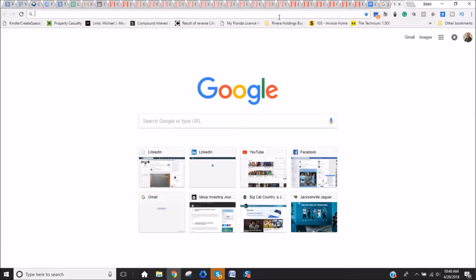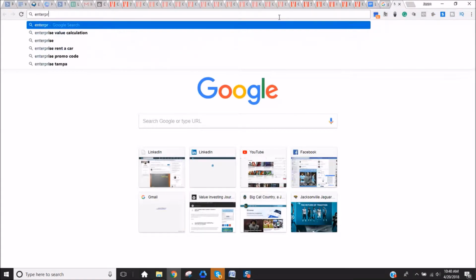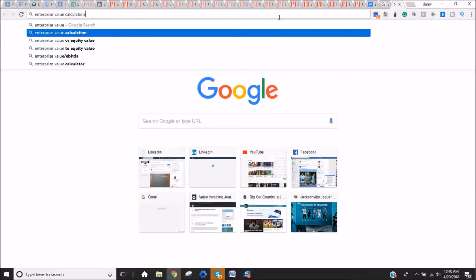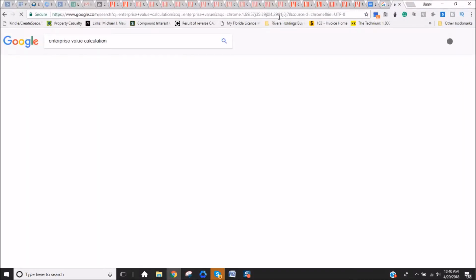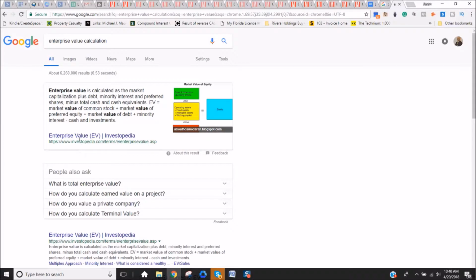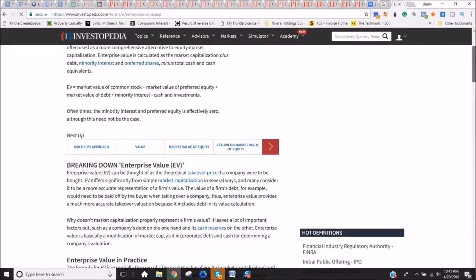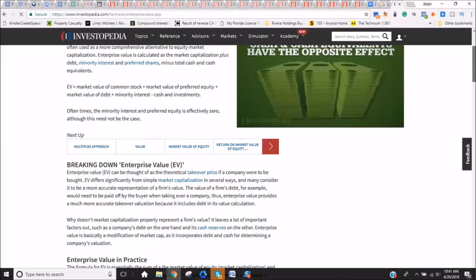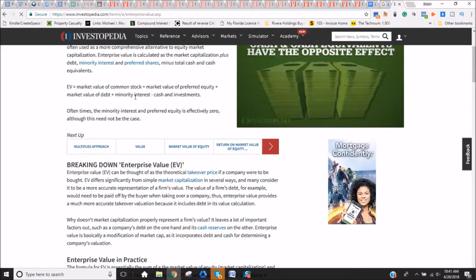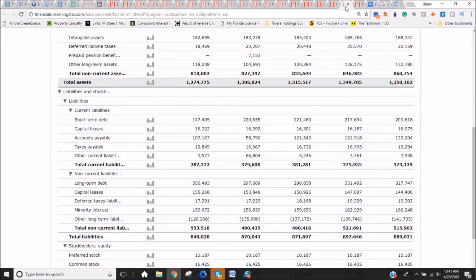I think you subtract minority interest from enterprise value, but I don't see minority interest very often in small companies. So to double check, I'm going to make sure. Plus minority interest, yes. So 166,248.